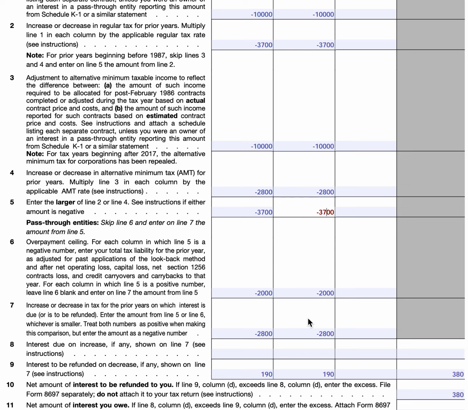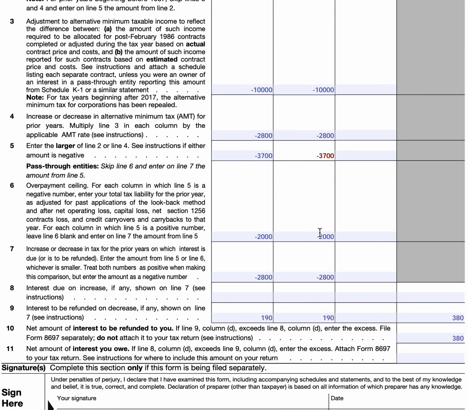So for each column where line 5 is a positive number, you simply leave line 6 blank, and then you enter the line 5 number down on line 7. So I simply put in negative $2,000, but you would have to actually put in all of those calculations to determine which one is the appropriate number.